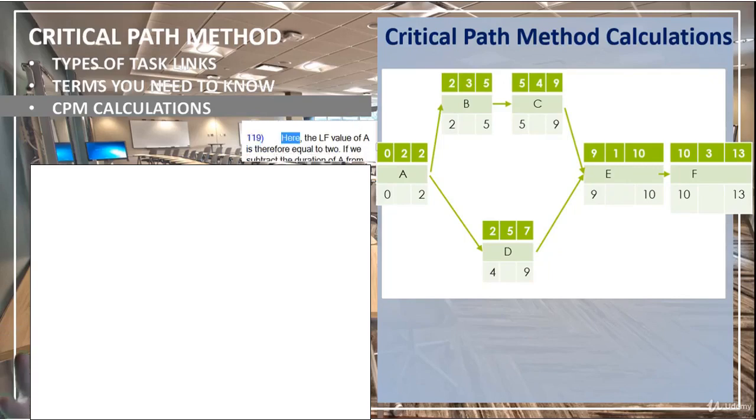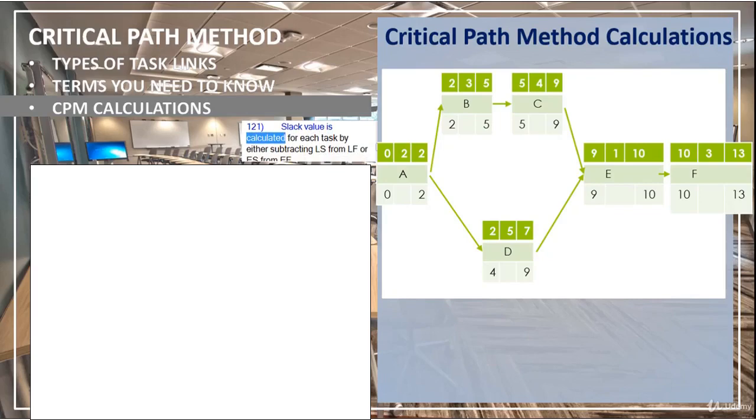Here, the LF value of A is therefore equal to 2. If we subtract the duration of A from this value, the LS value of A is calculated to be 0. Since we have completed our backward pass calculations, we can move on to slack values.